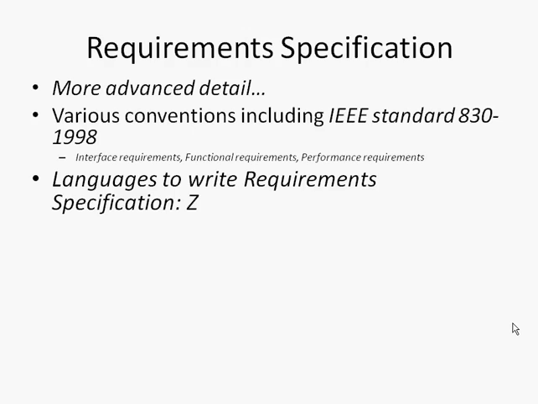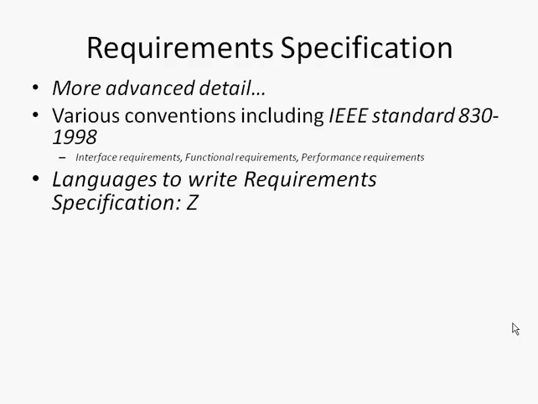There's also a language that you can use to write a requirement specification, because experts believe that the English language just isn't structured enough in order to write something that should be very structured. They came up with a language called Z.